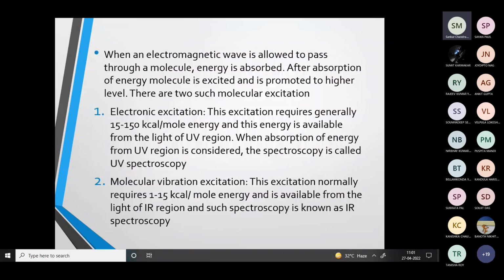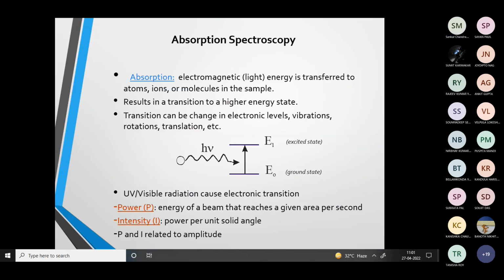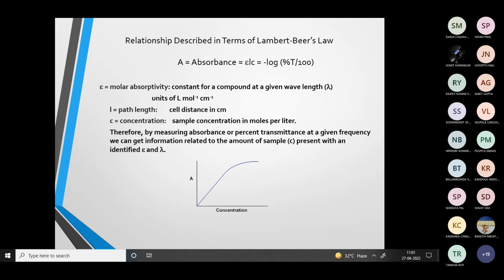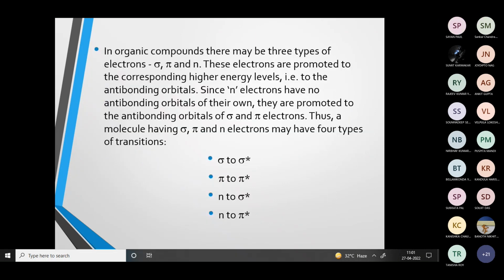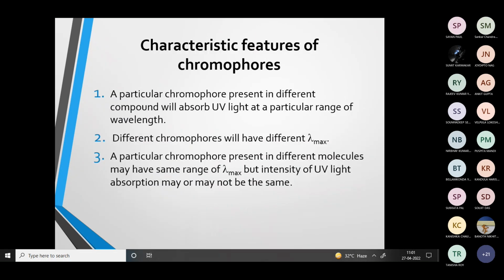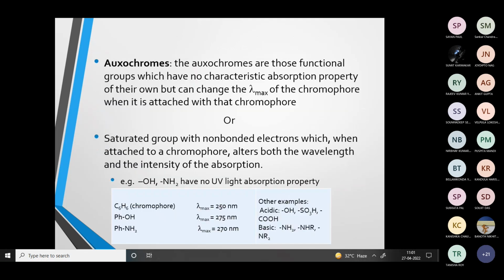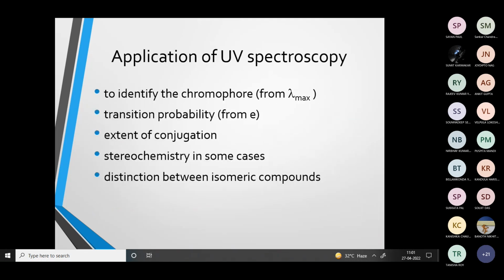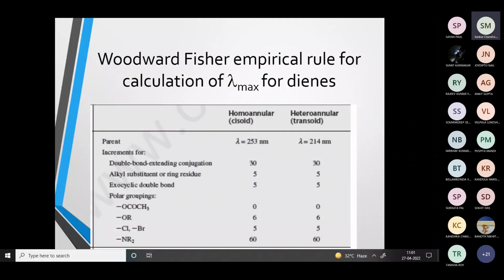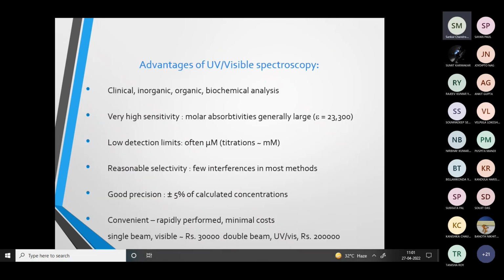Up to UV, I have already discussed. Today we have to discuss the Woodward-Fieser rule, the empirical rule. Last day we discussed up to the advantages and disadvantages of UV-visible spectroscopy.